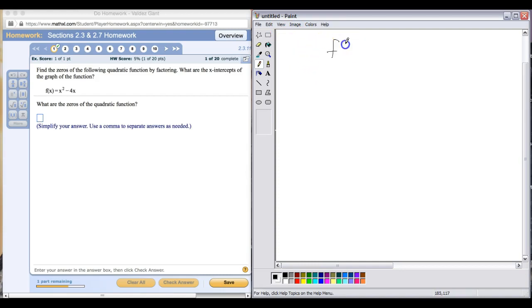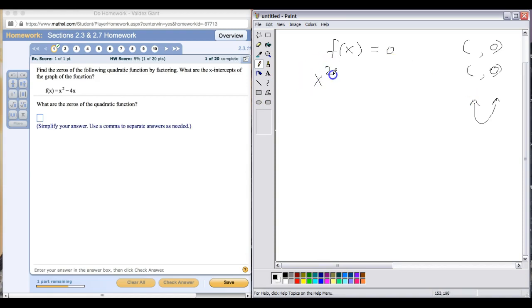So f of x is going to equal 0. This also means we're trying to find where the x-intercepts are for this function, so points where the y-coordinate is 0. And since a quadratic function looks like a parabola, we are guessing that we're going to have at most 2 solutions.